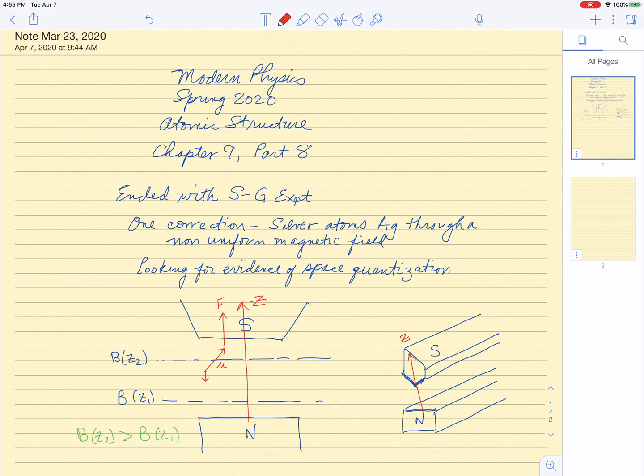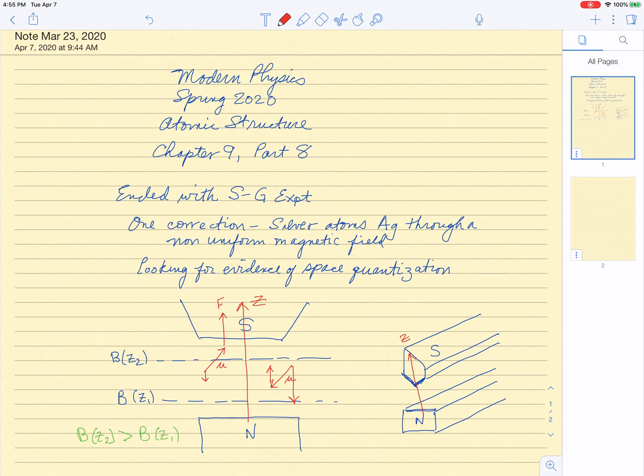And likewise, if we were to look at a mu in this direction, then the force on this part would be greater than the force on this part.